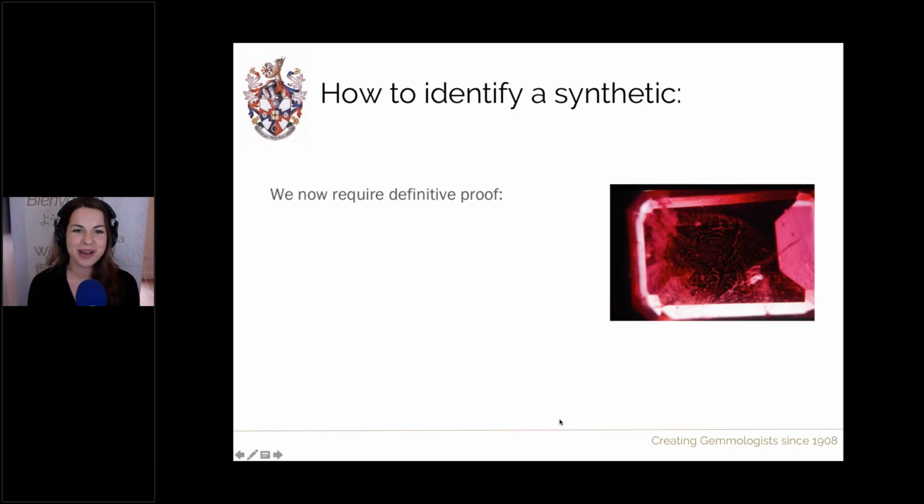So let's talk a bit more about how to identify synthetics. We've got our general observations. Now we require definitive proof, and this will come in the form of specific inclusions that are due to the manufacturing process. This might differ depending on the type of gemstone and also the method of synthesis used, which will affect what inclusions we see.